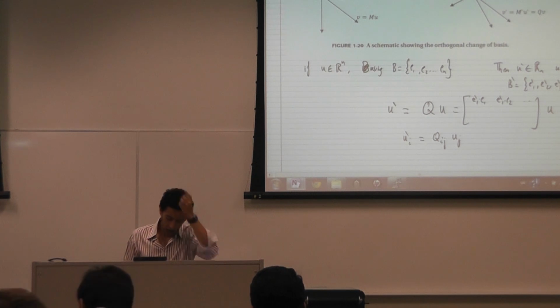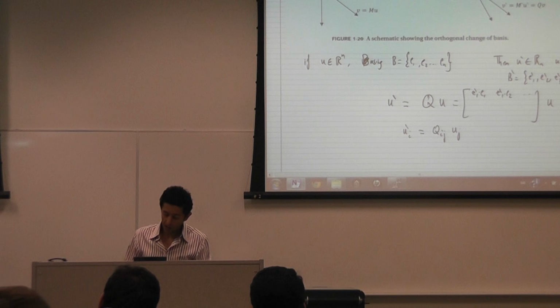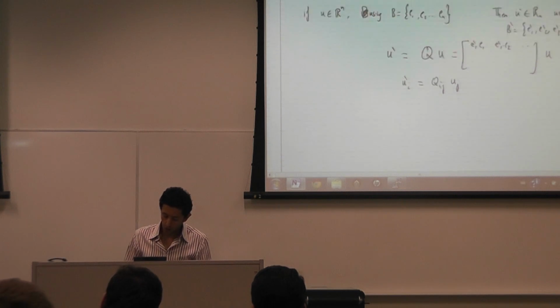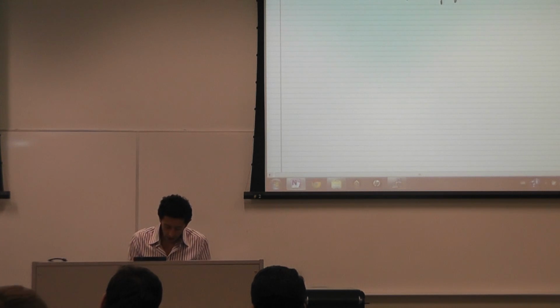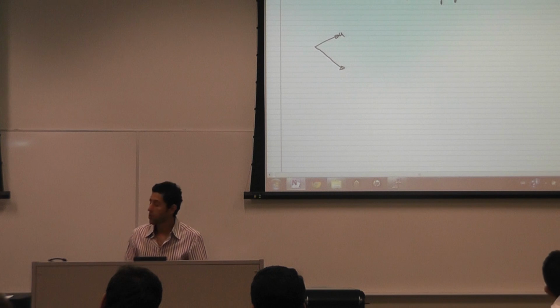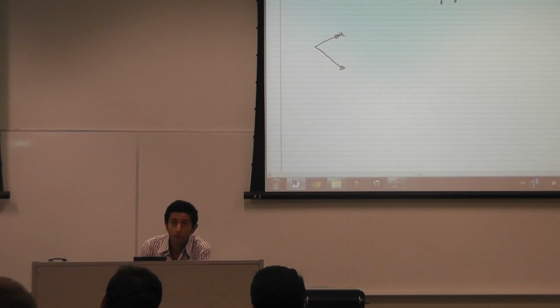Now what about matrices? To understand how a matrix translates between the two coordinate systems, I'm going to do the following. If this is vector u, and I have a matrix M that takes the vector u and gives me another vector Mu, let's call it v.